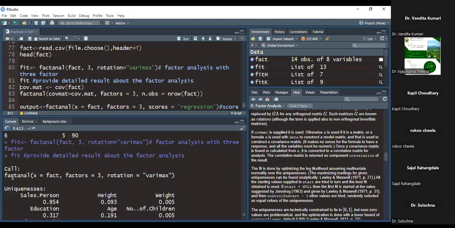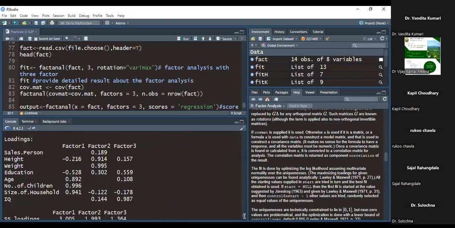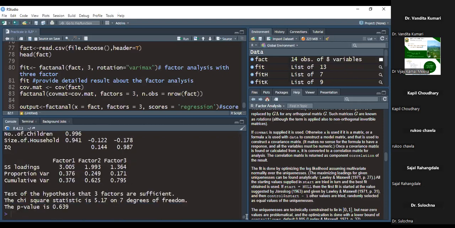What is it saying? It is uniqueness. It's showing the uniqueness of the variable, that is the variance that is not shared, the unique variance, sorry. Then factor loadings. We have asked for 3 factors, 1, 2, 3. So it is showing 3 factors, and we can see some blanks are there. Blanks means the value is very small, approximately 0, so those values it is not showing. Those are the blanks. So these are the factor loadings, and the proportion of variance that is being explained by the factors.